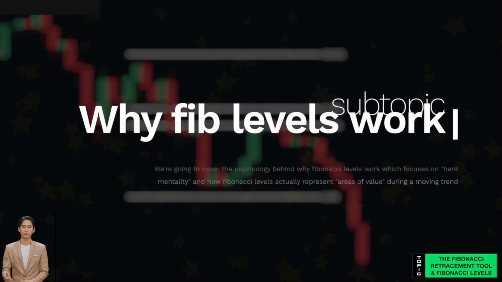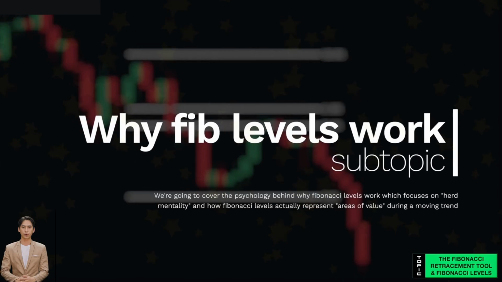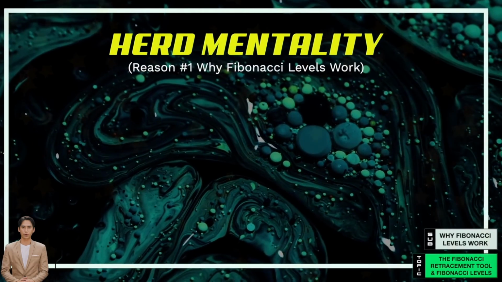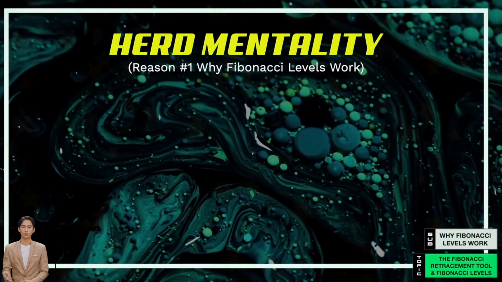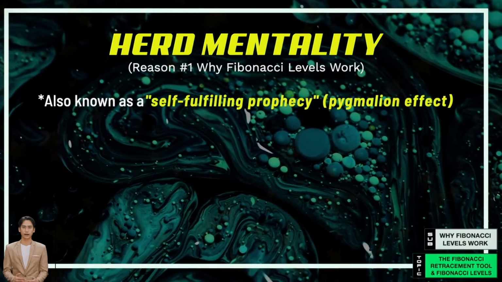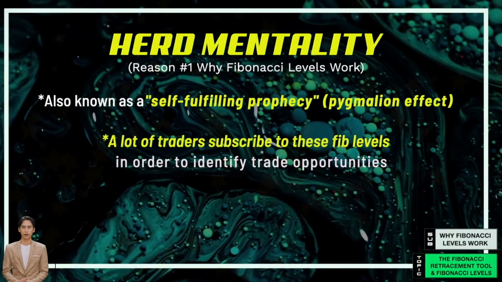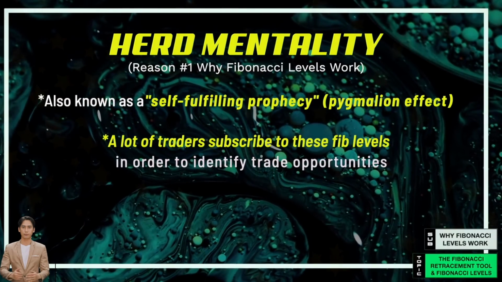Now, let's get into the psychology of Fibonacci and why Fibonacci levels work. So the first reason Fibonacci levels work is because of herd mentality, or what can be deemed a self-fulfilling prophecy. A lot of traders subscribe to these fib levels in order to identify trade opportunities.